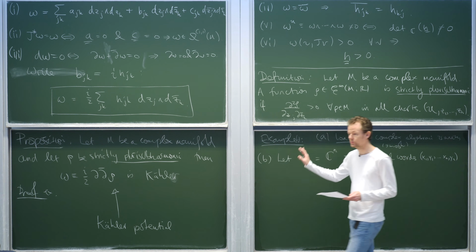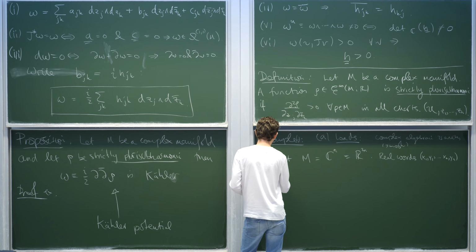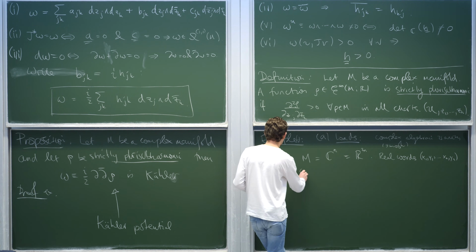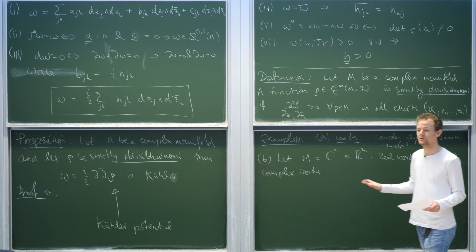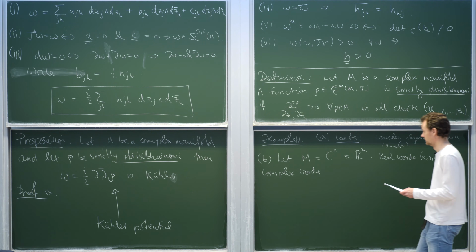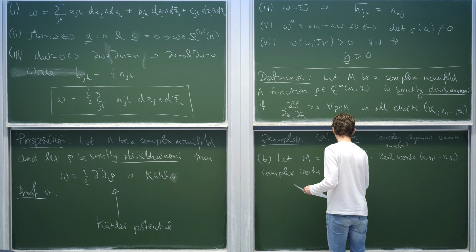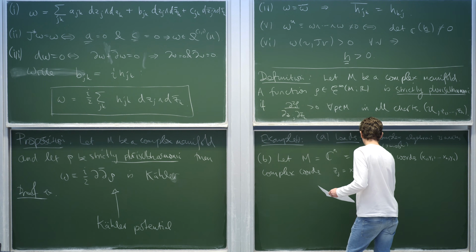Let's take real coordinates x1, y1, and so on, and complex coordinates z1, etc. And I'm going to write the most familiar two-form on this space that we now understand pretty well, in this Kähler form. So complex coordinates are z_j equals x_j plus i y_j.